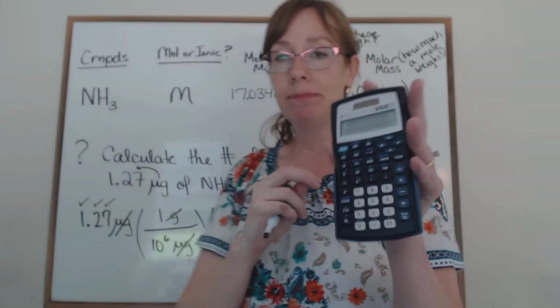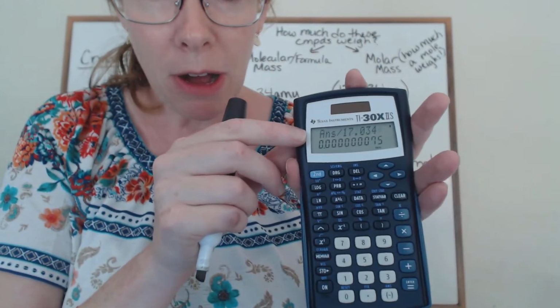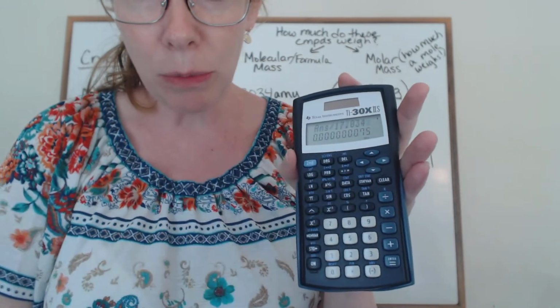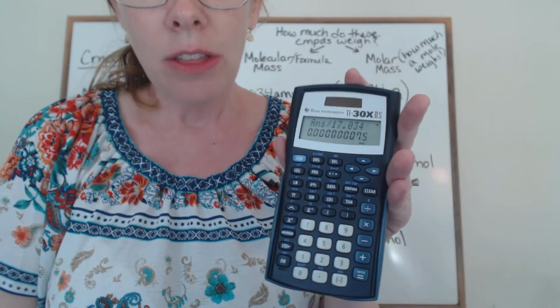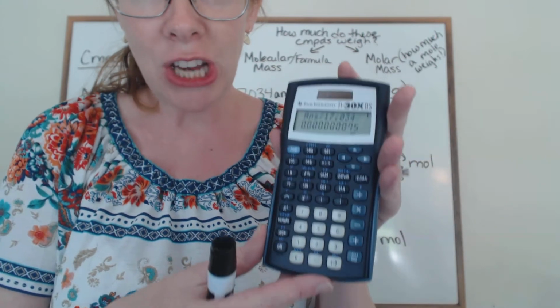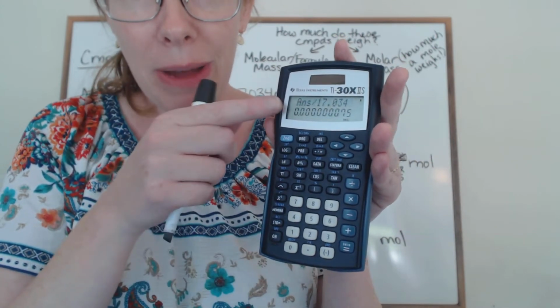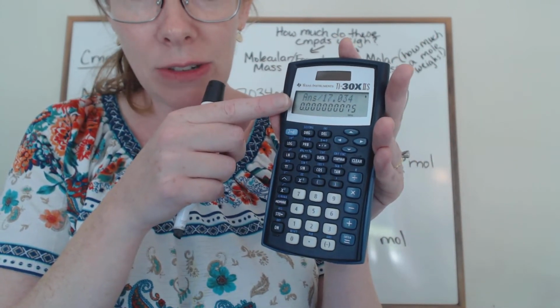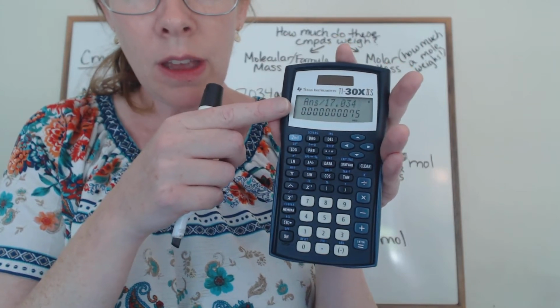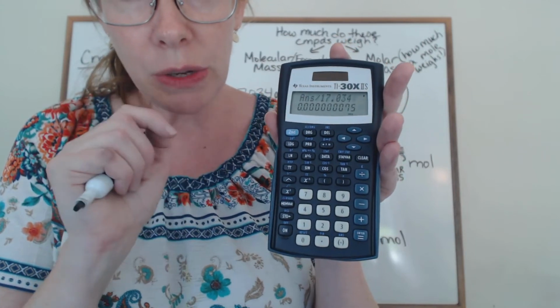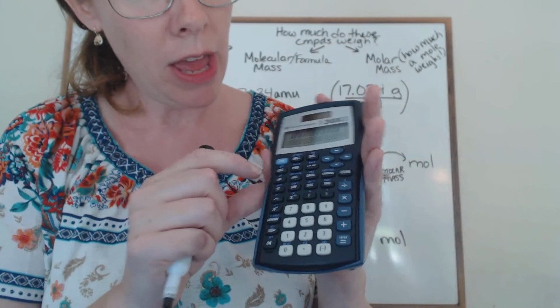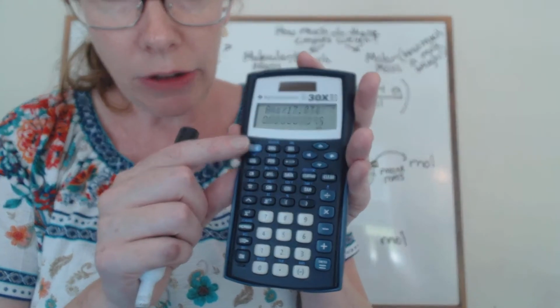figs. Sometimes the number is super, super small, and the calculator will cut off one of your sig figs. Oh, and by the way, also, do you notice that you're going to need scientific notation for this? So that's another thing too. Let me show you a little trick with this calculator in particular. Your number is in there right now.